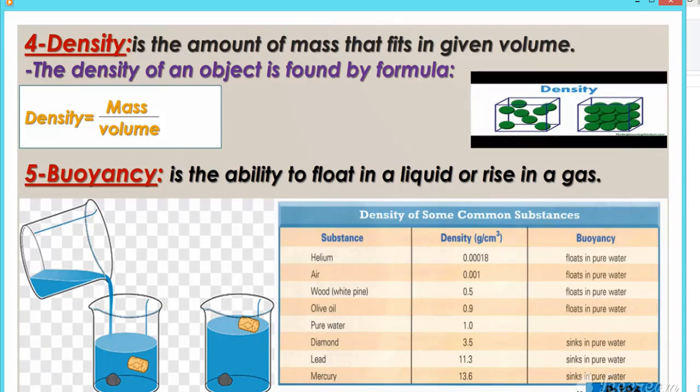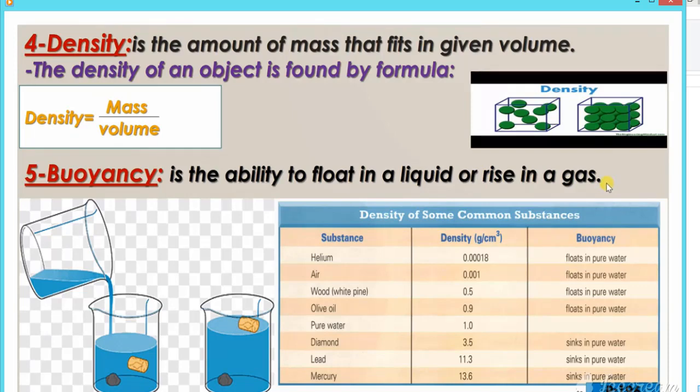Even though the mass and volume of a substance may vary, the ratio of these two measurements does not usually change for a solid or a liquid. The density of a gas is more variable. The density of a substance determines another of its physical properties. It is buoyancy. Number 5, buoyancy is the ability to float in a liquid or rise in a gas.